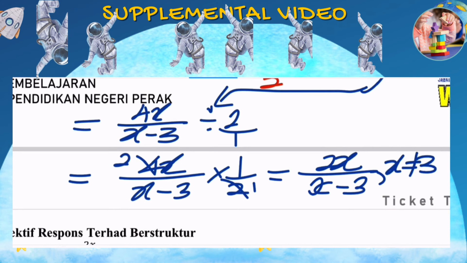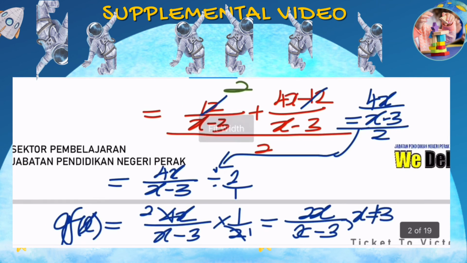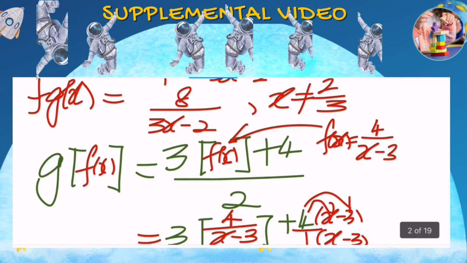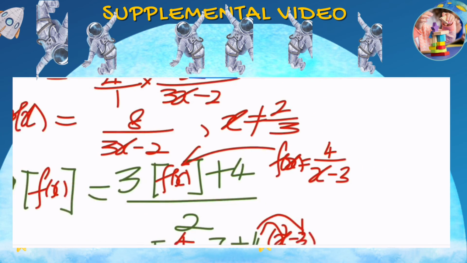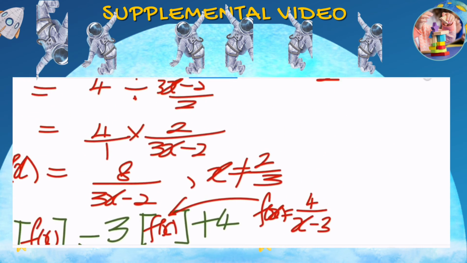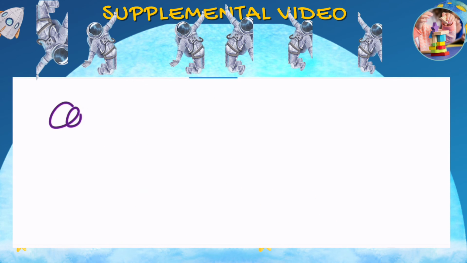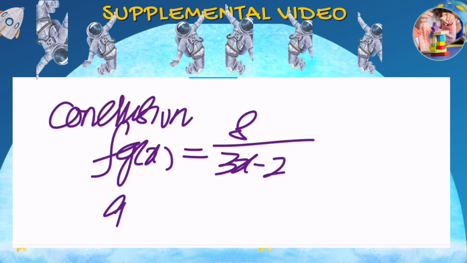Now, if you observe these two composite functions, f(g(x)) and g(f(x)), are they the same? Alright, let's have a look. Our f(g(x)) is 8 over 3x minus 2, x not equal to 2/3. And g(f(x)) is not equal to f(g(x)). So the conclusion is f(g(x)) that we got just now is 8 over 3x minus 2.